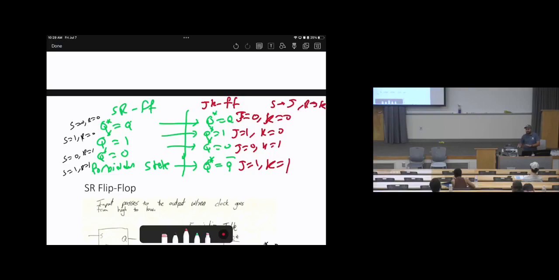So we don't want to get confused between this and SR. If I said here, SR, if S equal 1, R equal 1, Q equal Q bar, you will get confused between this and the SR flip-flop or SR latch. Therefore, we created another version with another name, while it's the same function but a modified version. Then we call it JK flip-flop.